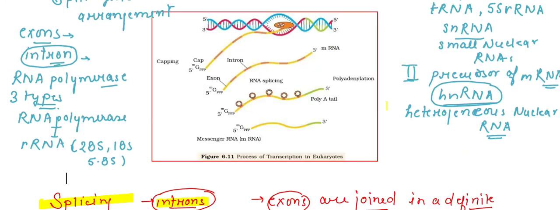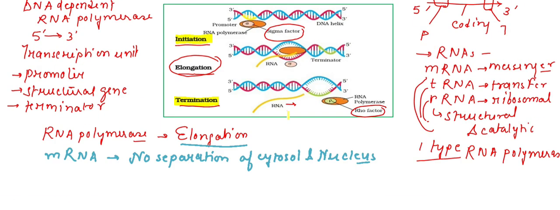You can see here in the diagram the capping at the 5' end and the tailing at the 3' end, where the process is also called polyadenylation. The adenylate residues are added at the 3' end. And here the processed mRNA is being transported from the nucleus to the cytoplasm. So this is the difference between prokaryotic and eukaryotic transcription.